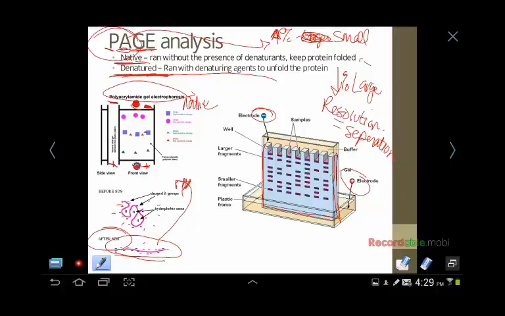So the larger the protein is, the slower it migrates through the gel versus smaller fragments. You have wells that you add your protein to. You turn the electric current on, and the proteins are pulled, since they have a formal negative charge, down to the bottom of the gel, and then separate based on size.